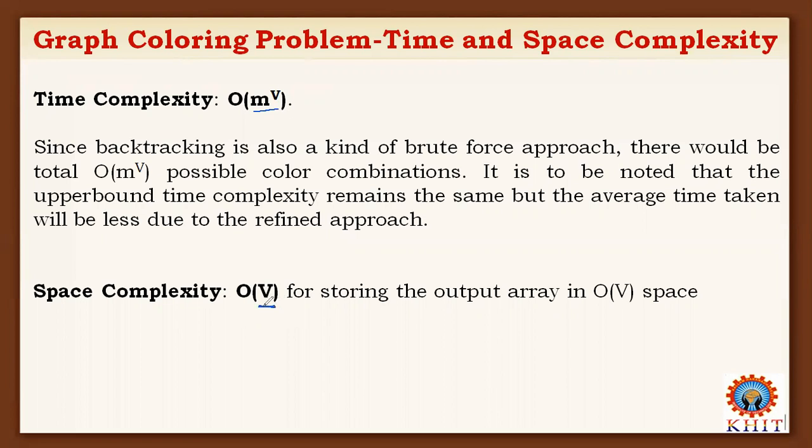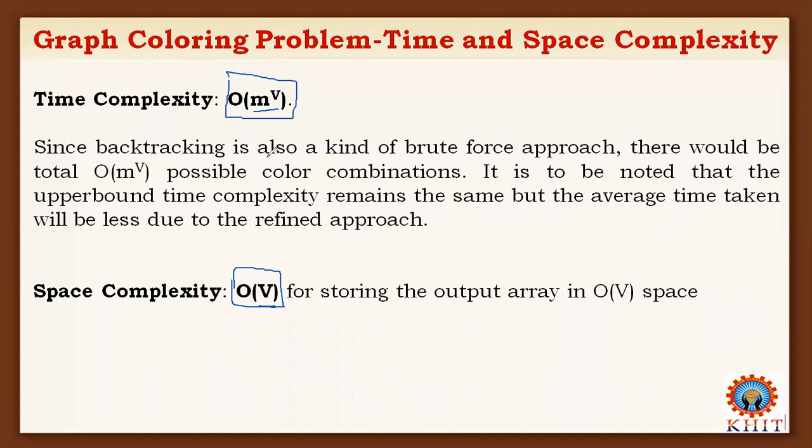The space complexity is the total space required to keep the vertices of the given graph, so it depends on the number of vertices. For storing the output array, the total space complexity is order of V, whereas the time complexity of the given graph is order of m power V.